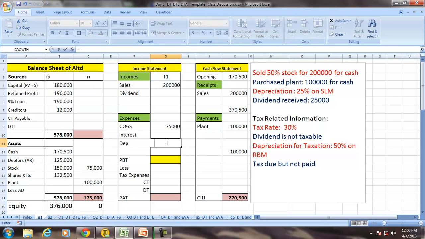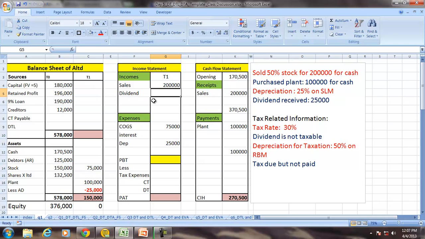Plant depreciation is 100,000 into 0.25, so depreciation is equal to 25,000, and accumulated depreciation will appear on the balance sheet as -25.